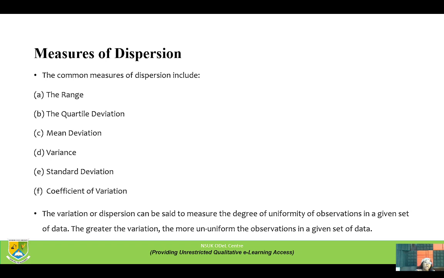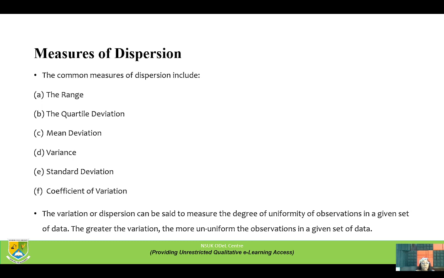Moving on, measures of dispersion. The common measures of dispersion include the range, the quartile deviation, the mean deviation, the variance, the standard deviation, and the coefficient of variation.